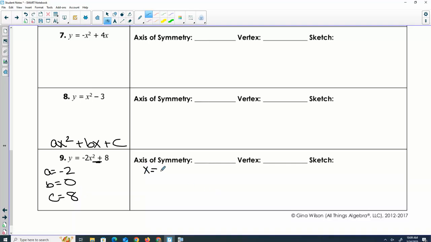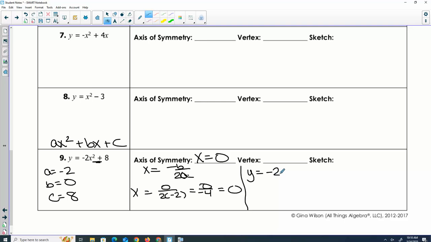So axis of symmetry, opposite of b over 2a, opposite of 0 is just 0 over 2 times -2. 0 divided by -4 is 0. So axis of symmetry, x equals 0. Vertex, we have x, we need y.